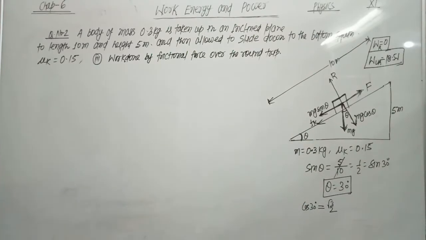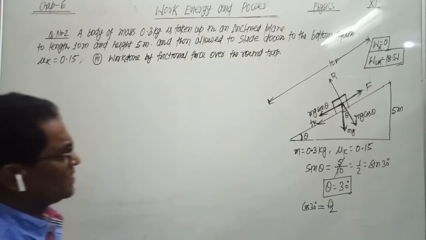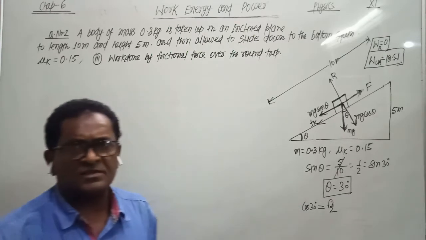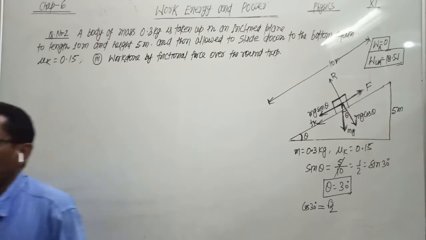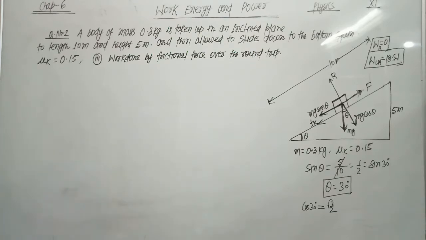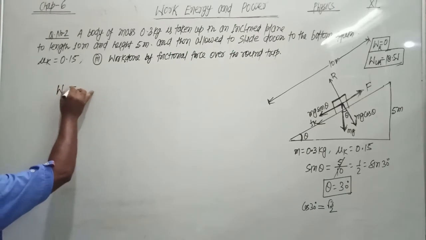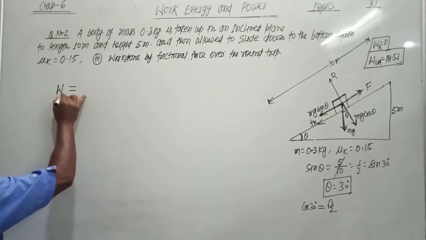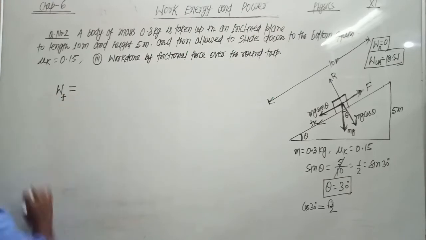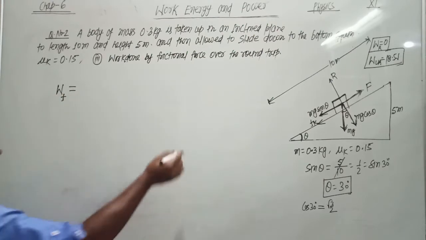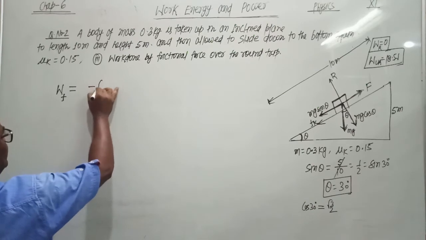So the total work done by the frictional force, and the frictional force is the opposite force, so the work done will be negative. WF equals minus Fk.